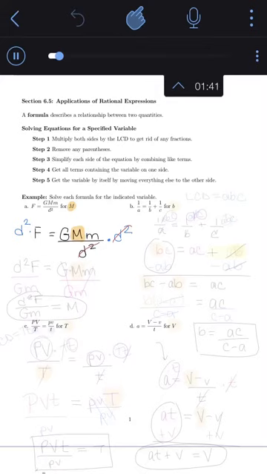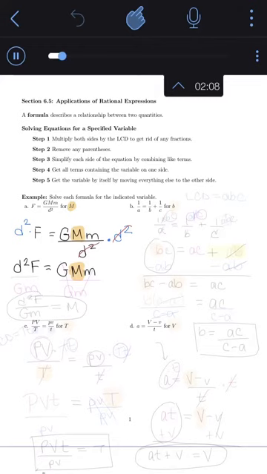So now what I have is D squared F equals G big M little m. But again, my focus is on how to get the M by itself. Now, I wrote D squared F. You could have written F D squared. It does not matter. It's just like saying XY and YX are the same thing.